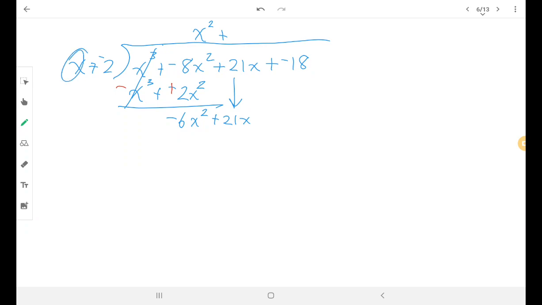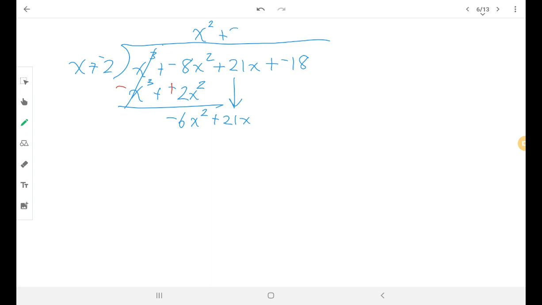Now I need to multiply this to make this. So now I need to multiply by x to make negative 6x squared.